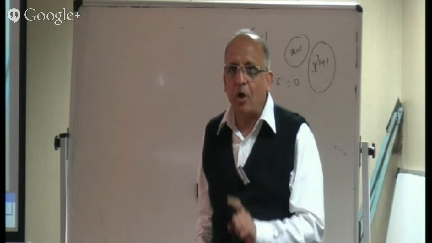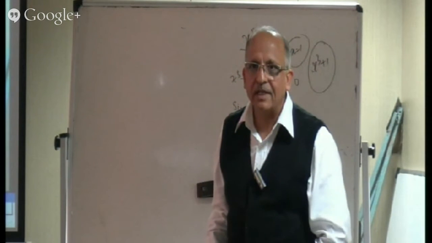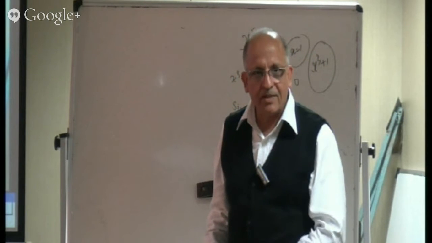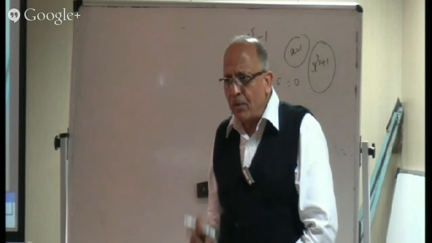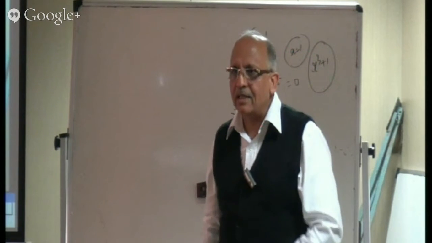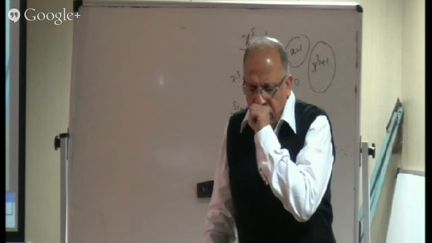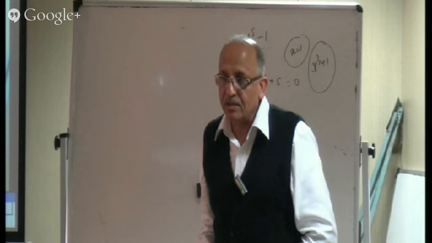So every polynomial of degree n has exactly n zeros. They may be real, they may be imaginary. Similarly, an algebraic equation, that means a polynomial equation of degree n, will have exactly n zeros. This is not true about other equations.